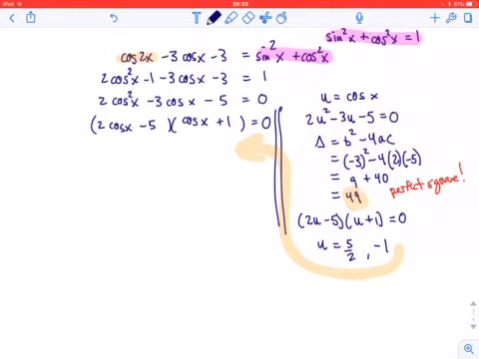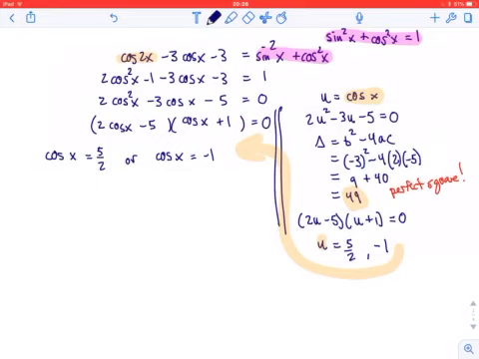We're setting each factor equal to 0, and so we would still get that cosine of x is equal to 5 over 2, or that cosine of x is equal to negative 1. In either case, we would be setting cosine of x equal to 5 over 2 or negative 1, because if we were doing this in our u method, because u is just cosine of x, we would just be substituting cosine of x in for u. So we would end up with the same result.